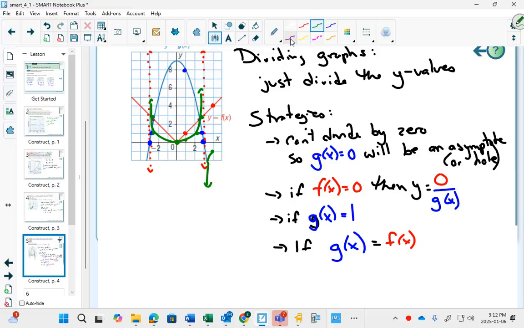Another strategy you're going to use in dividing is looking at the shapes. What shape is the red graph? The whole thing is an absolute value, but half of it, if I just take this part, it's a straight line. That's on the top, f of x at the top.